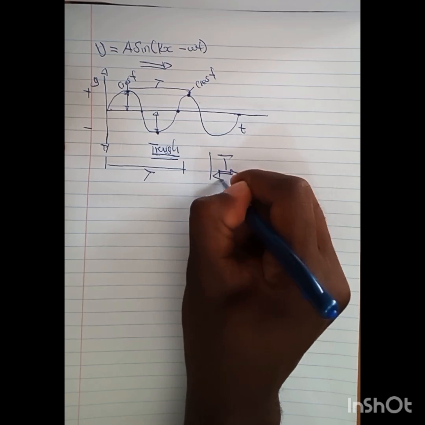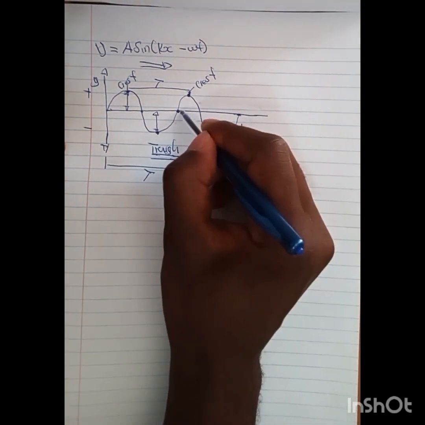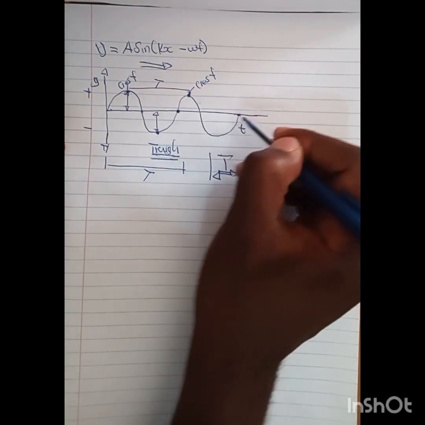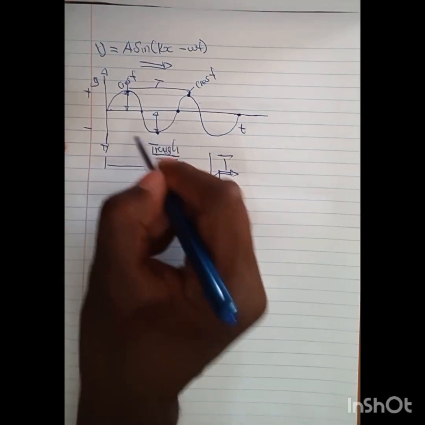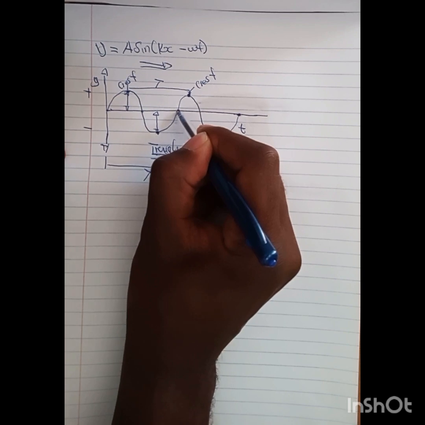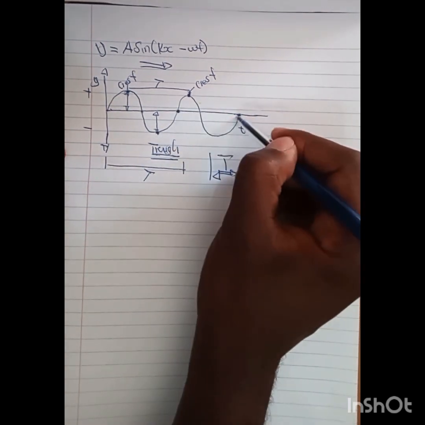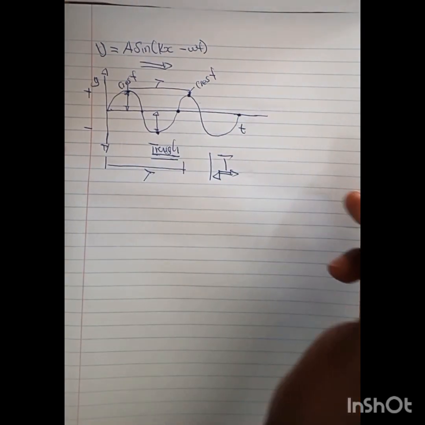The period is the time interval to make one complete sine wave. Every time we make one complete sine wave, we have our period. From this point to this point, we also have another period. The time taken to make this wave from here to here has to be the same as the time taken to make the second wave from this point to this other point over there.